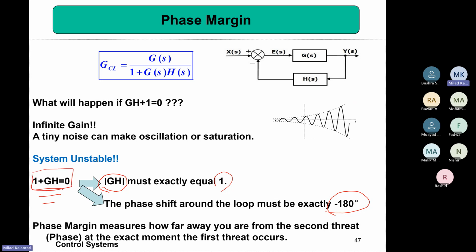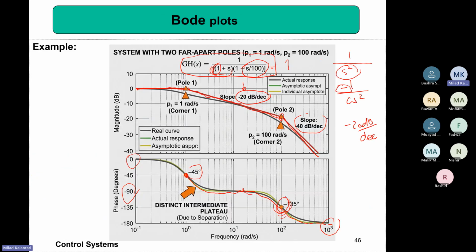When this equation will be 0 is when the magnitude of GH is 1, but the phase is negative 1, basically, or 180 degrees, so that this will be 0, right? And this means that the system becomes unstable, right? Then basically we go back here, for example, and we check if these two conditions are simultaneously happening or not.